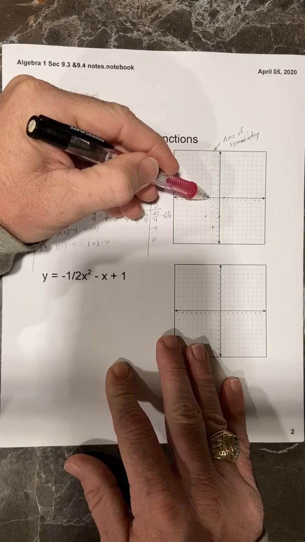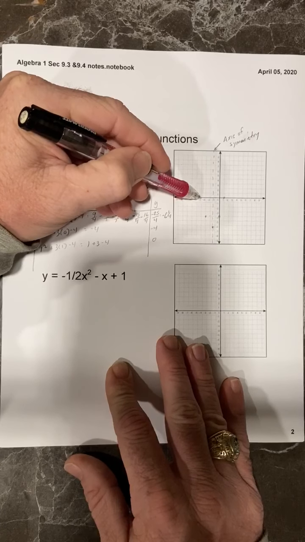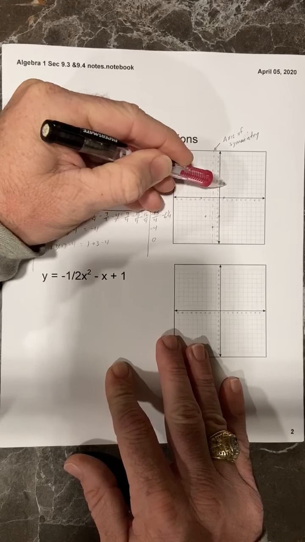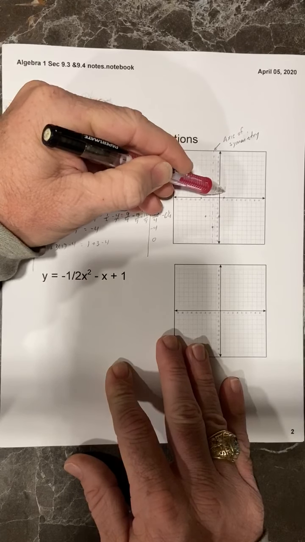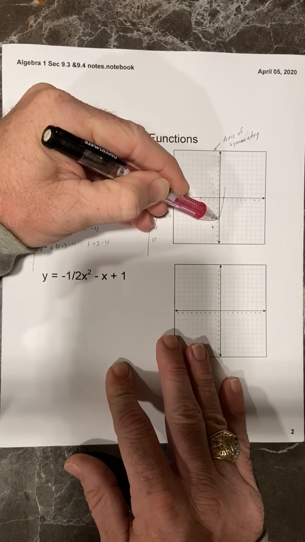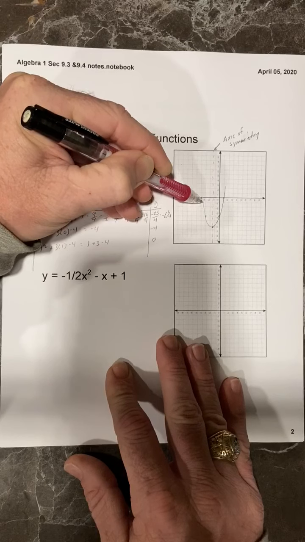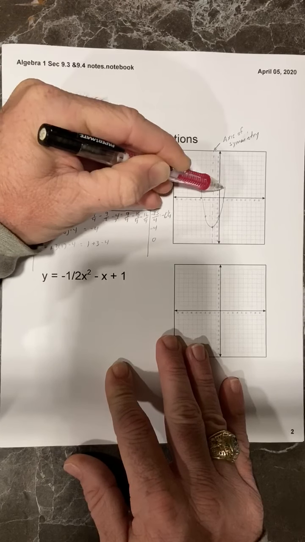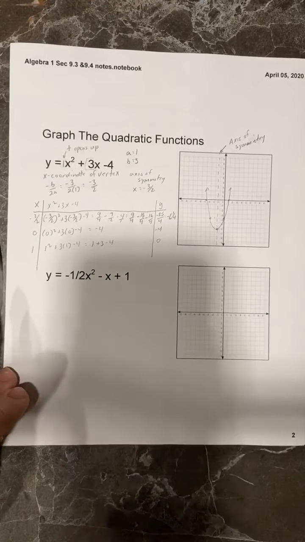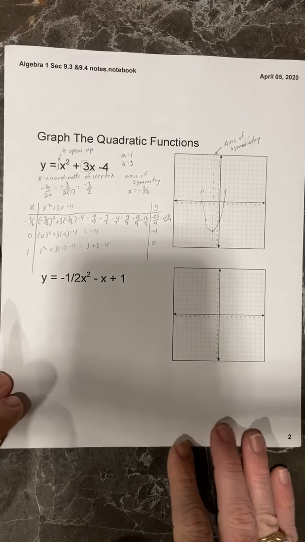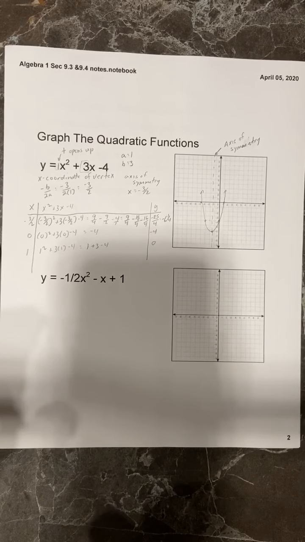So 2.5 to the left. So there are our points. Then we join those with a nice smooth curve that goes through all our points. And there will be our parabola, or the graph of x squared plus 3x minus 4.